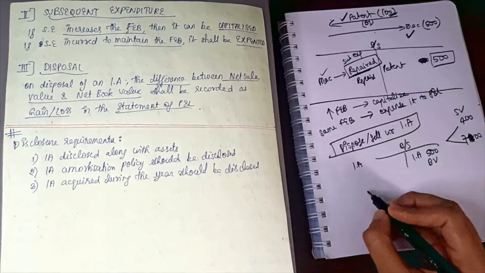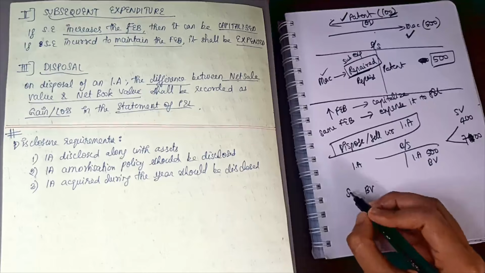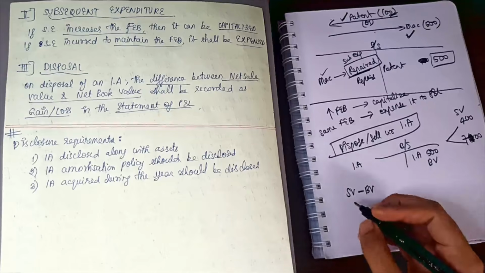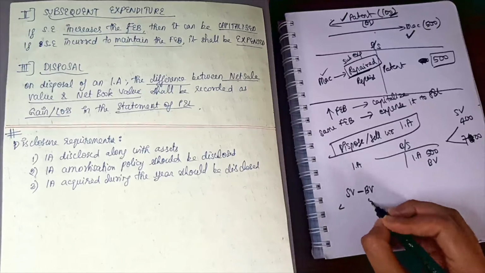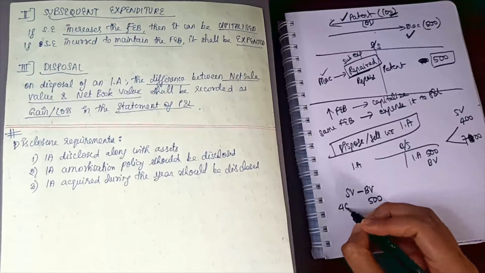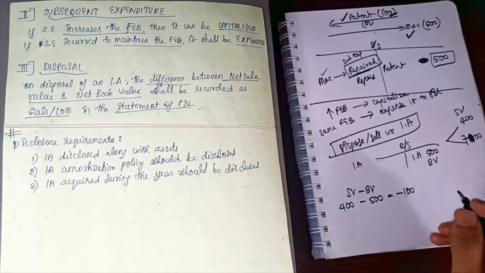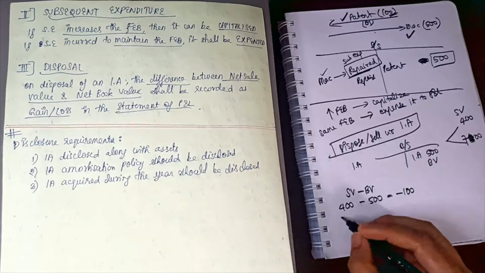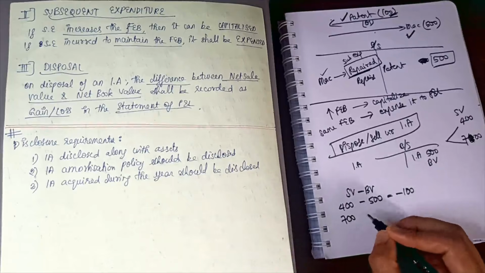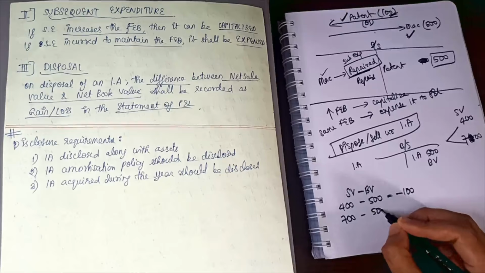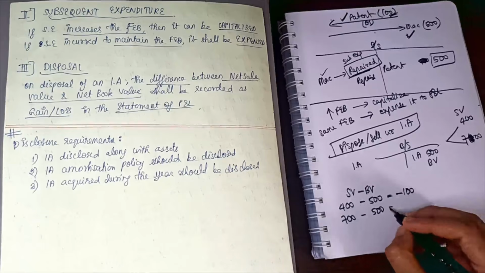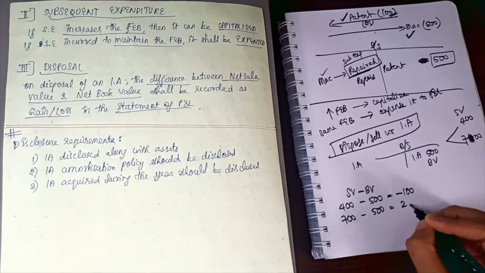What you have to do is compute sale value minus book value. In your books the asset is 500, but they are only paying 400, so you will have a loss of 100 rupees. Otherwise, if they are ready to take the asset at 700 rupees but your book value is only 500, you will have a profit of 200.